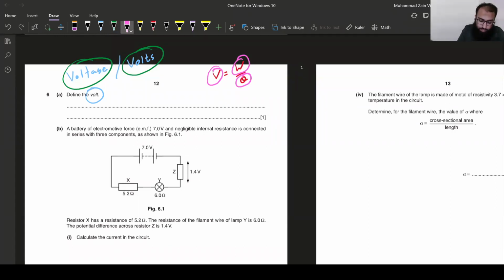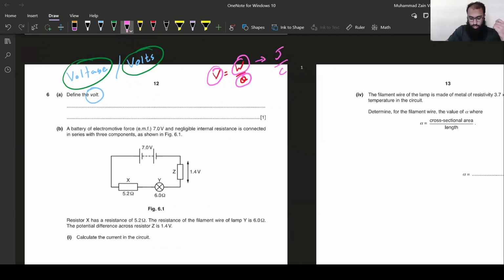But if they're asking me about volts, volts is not voltage, volts is the unit of voltage. So I need to define it in terms of the unit of work done, which is joules, and the unit of charge, which is coulomb. So 1 volt is when 1 joule of energy is transferred per coulomb of charge.